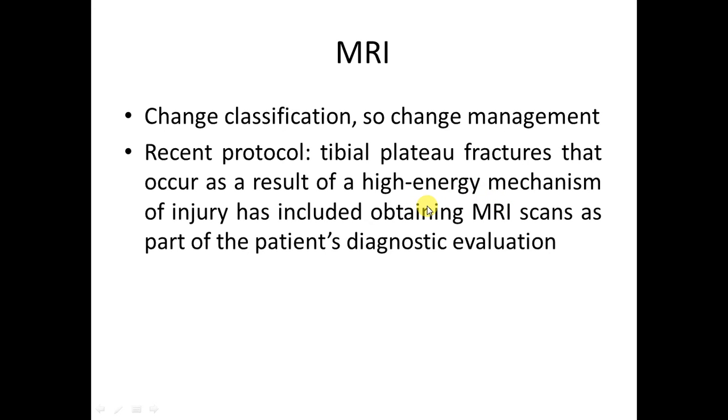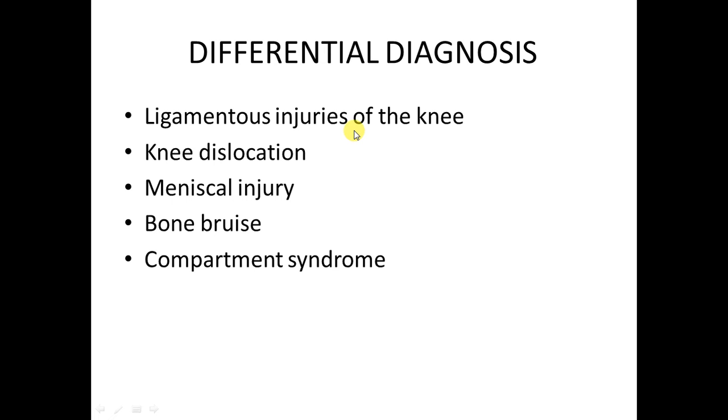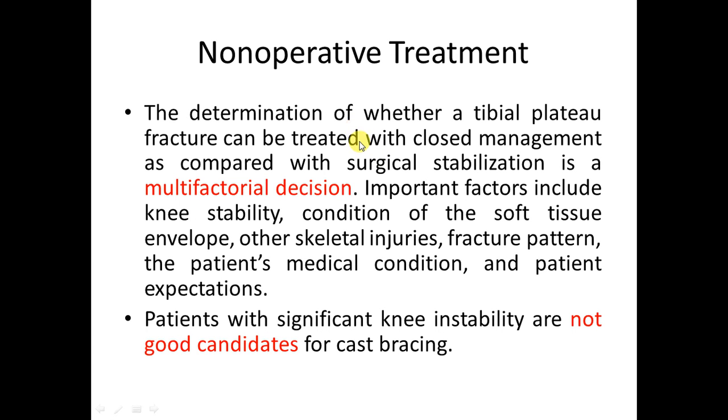I mean 4, 5, 6; for 4, 5 and 6, we have to order MRI. Again, knee stability is one of the predictors of our outcome. Non-operative management in tibial plateau is a multifactorial decision.